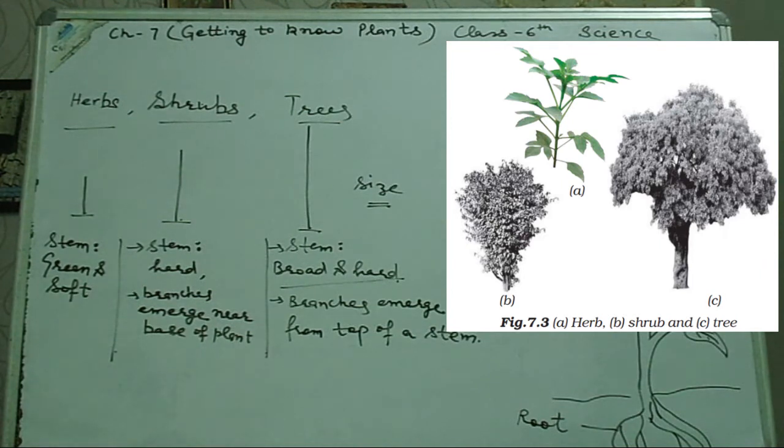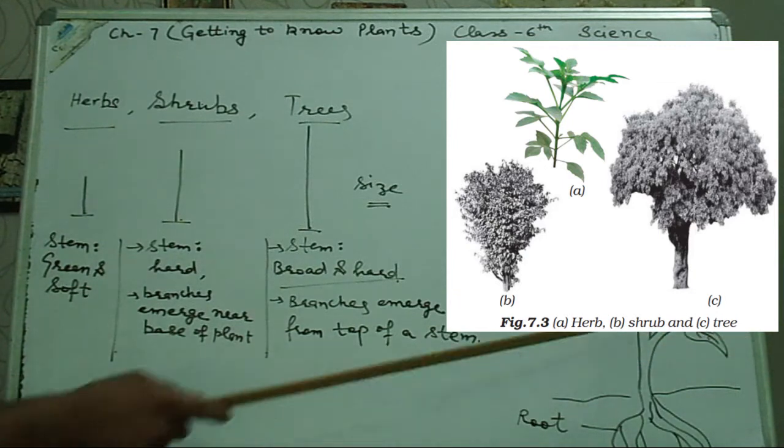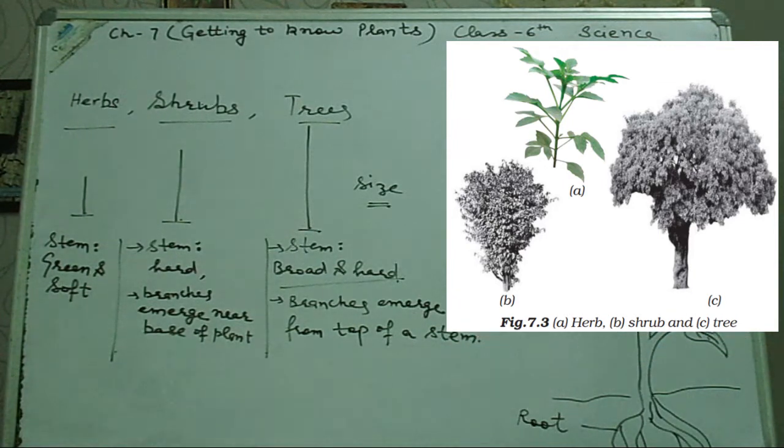Then comes the third category of plants, that is called trees. The longest ever structure, the longest ever creature of any kind of plant, that is the tree. Its stem is broad as well as hard. You have seen the broadness of the stem of most of the trees.